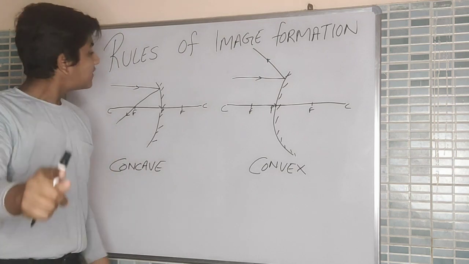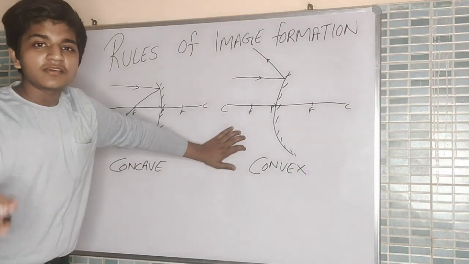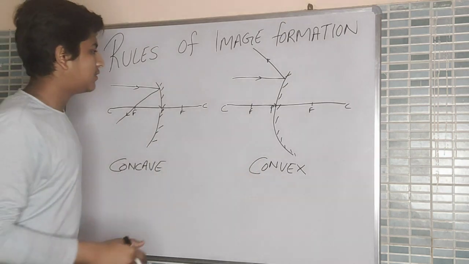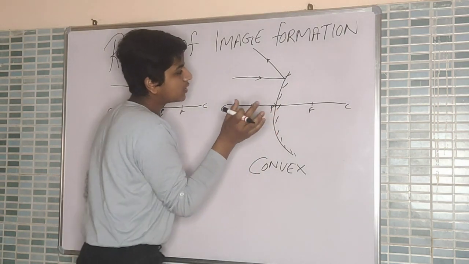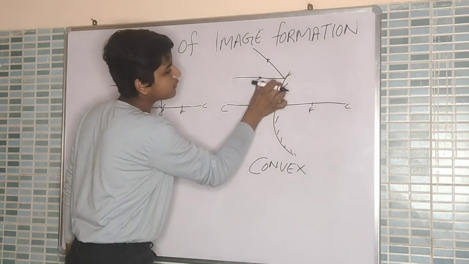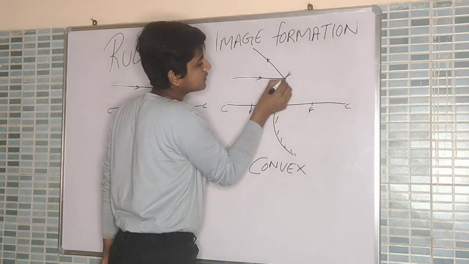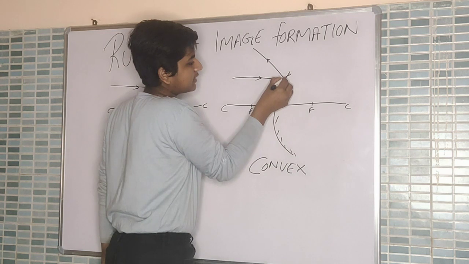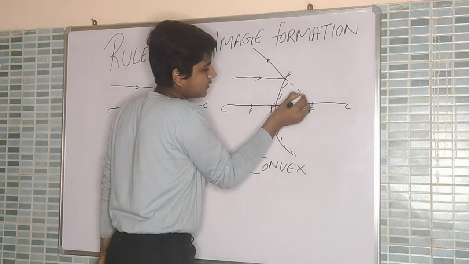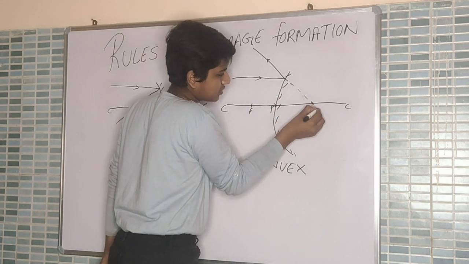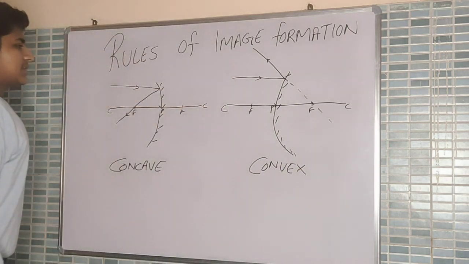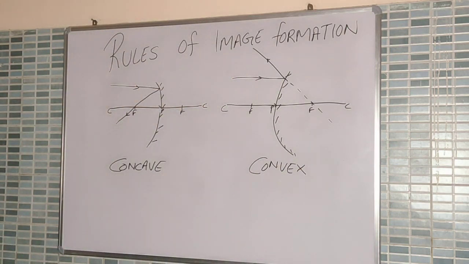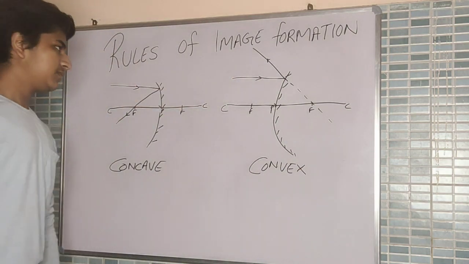Remember that a convex mirror makes a virtual image. So I make this ray of light pass through the focus when I extend this reflected ray of light in the backward direction, like this. So this was your second image formation rule.